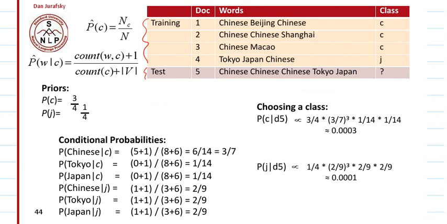So we will see in this training data and test data, if we take Chinese, Tokyo and Japan, Chinese is occurring 3 times, right? So we can calculate the probability of Chinese and then multiply it 3 times.